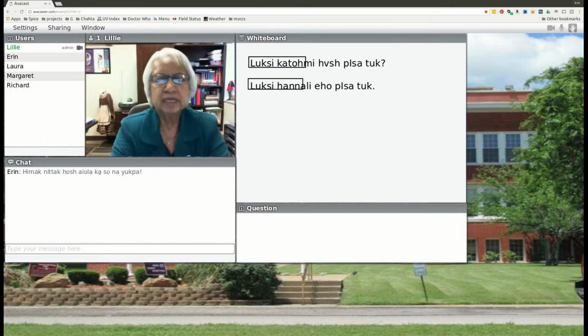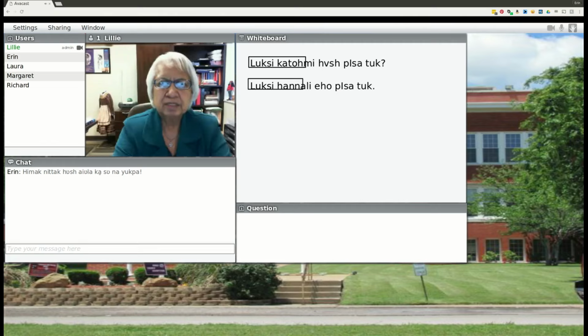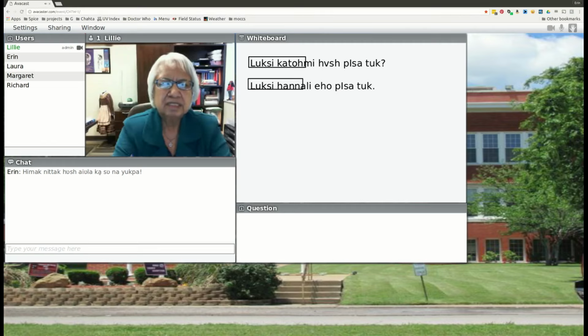Katohmi asks for a number. So we see that katohmi is replaced by the answer, hannali. Luksi hannali iho pinsatuk. Luksi katohmi, luksi hannali.